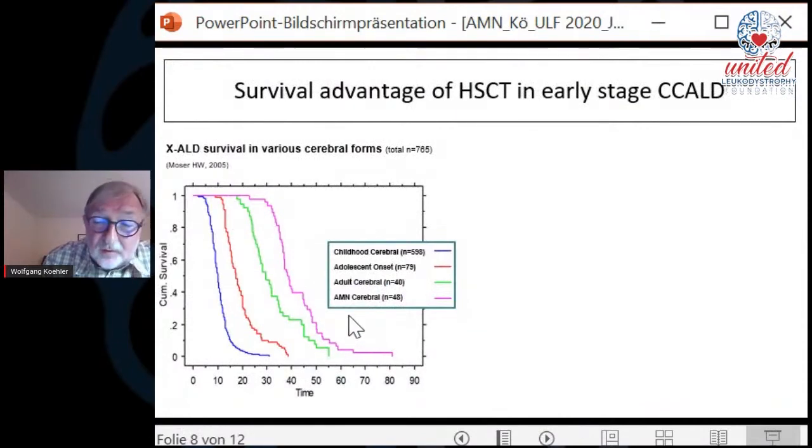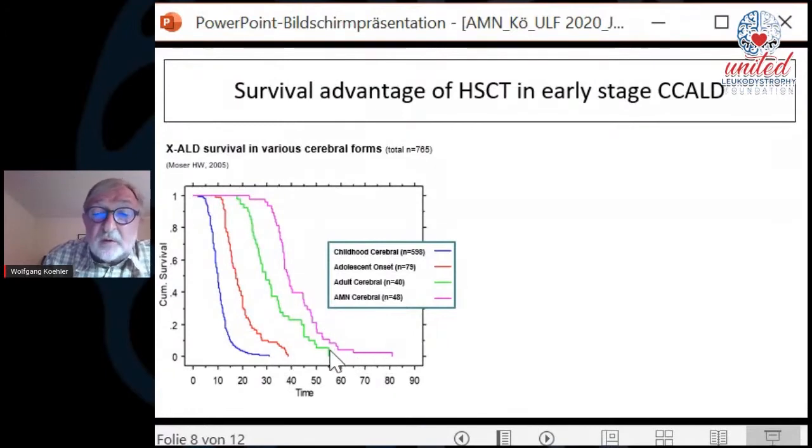So you have already seen curves like this. These are Kaplan-Meier curves. I need to introduce this to you. What you see here over a certain period of time are various phenotypes: childhood, juvenile, or adult phenotypes. When they get some symptoms or an event, you see the progression of the disease once the curve is going down.